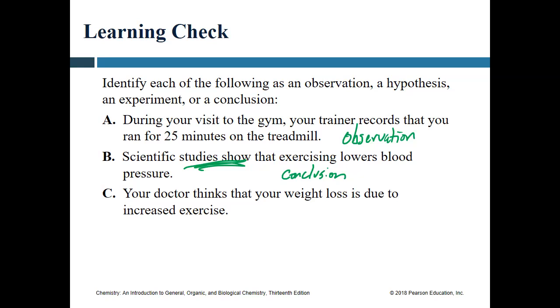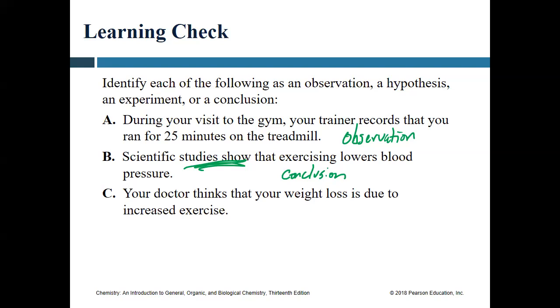Well, so conclusion and theory kind of are in the same boat, but they're different from a hypothesis. A hypothesis would be an idea, an explanation prior to testing, prior to experimentation. Since the experiments have already been done, we can't think of this as merely a hypothesis anymore.